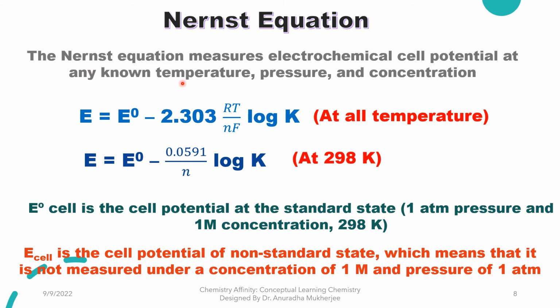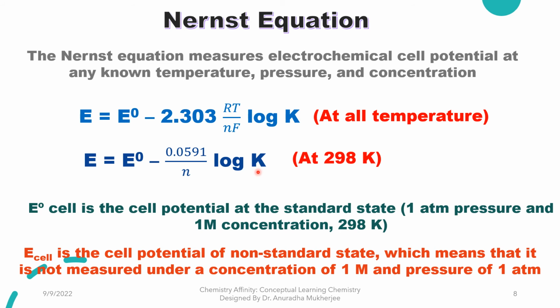The Nernst equation measures electrochemical cell potential at any temperature, pressure and concentration. The equation is E equal to E0 minus 2.303 RT by NF log K. Here for T you can put any temperature.